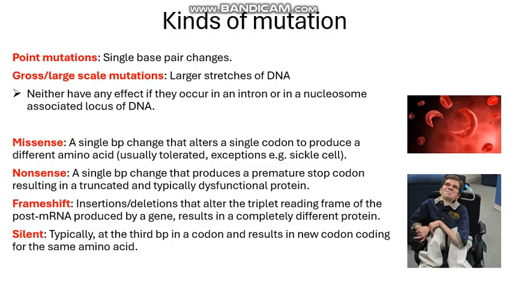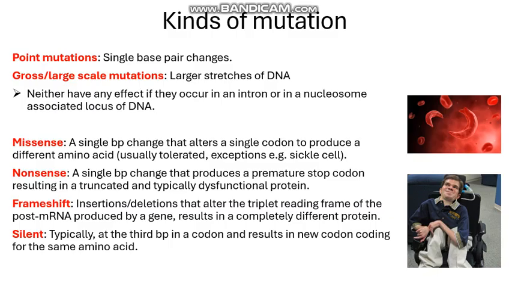So, talking a bit more about the types of mutations that can occur, in missense mutations, a single base pair change can alter a single codon to produce a different amino acid. These are usually tolerated, but there are exceptions like we talked about a minute ago with sickle cell.